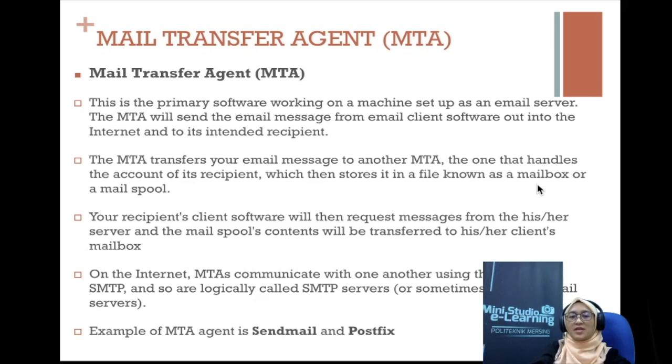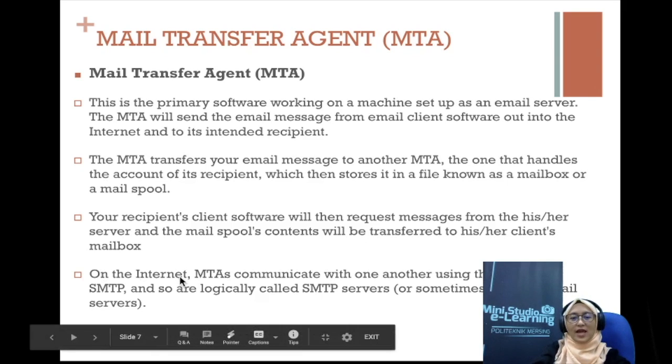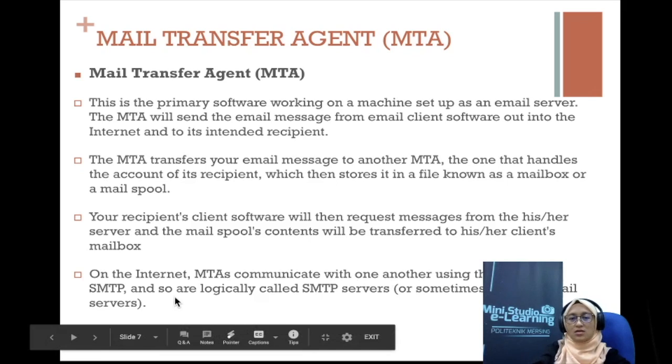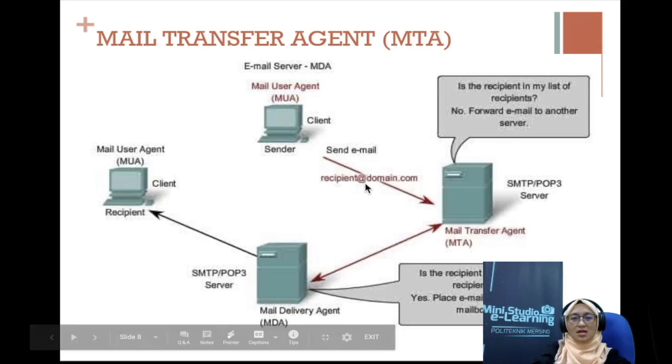So your recipient's client software will then request the message from his or her server, and the mail spool's content will be transferred to his or her client's mailbox. On the internet, MTAs communicate with one another using the protocol SMTP, and so are logically called SMTP servers, or sometimes outgoing mail servers.